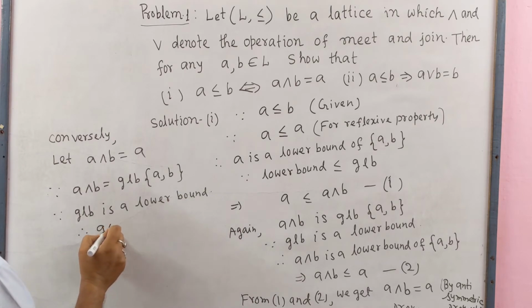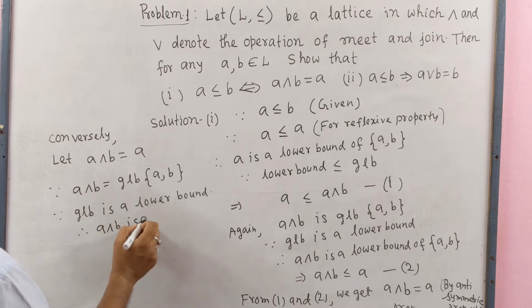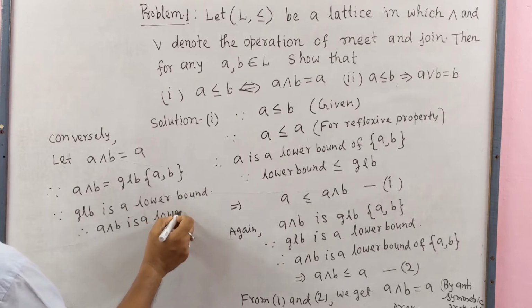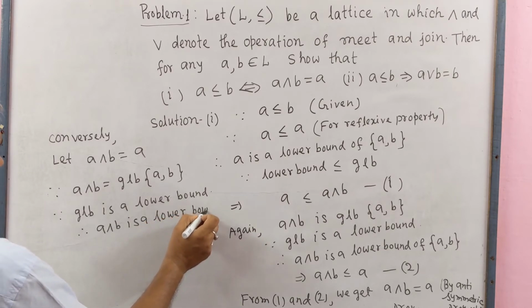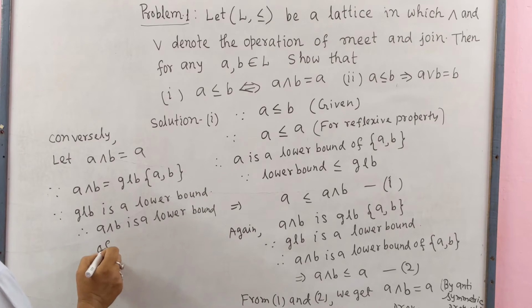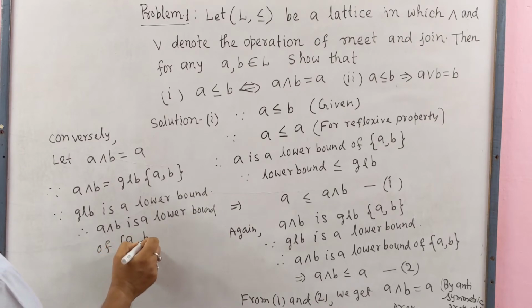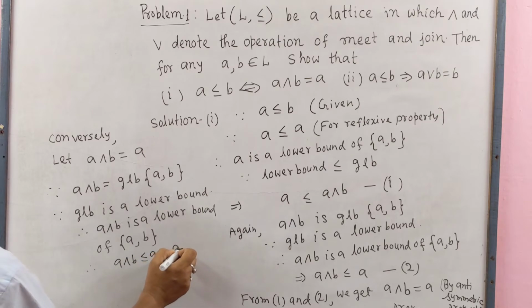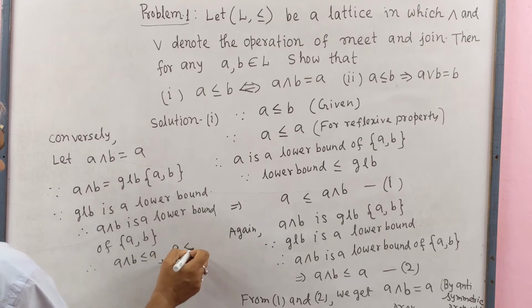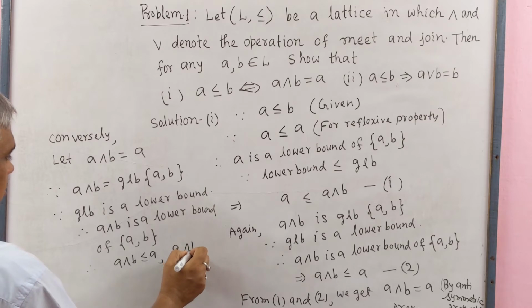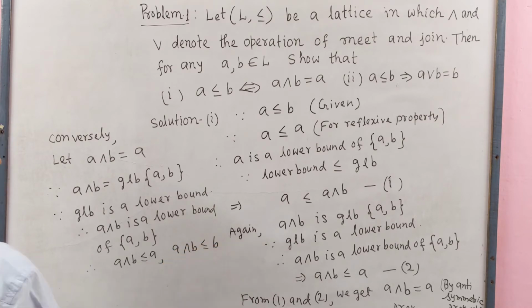Therefore, A meet B is a lower bound of set containing elements A and B. Therefore, A meet B less than equal to A and A meet B less than equal to B. Let this be number 3 and this be number 4.